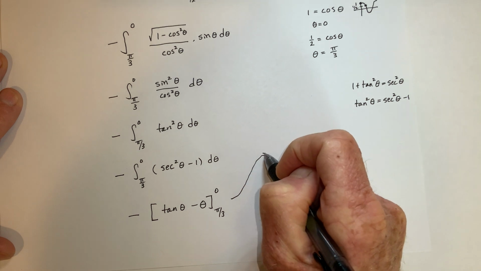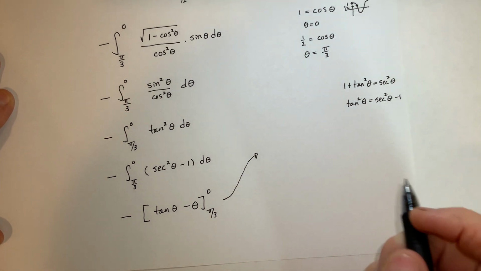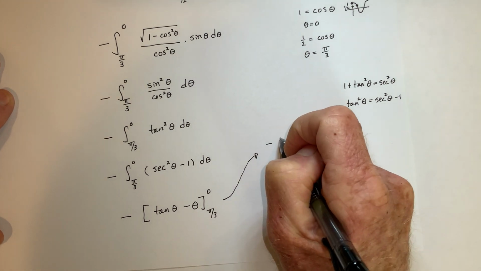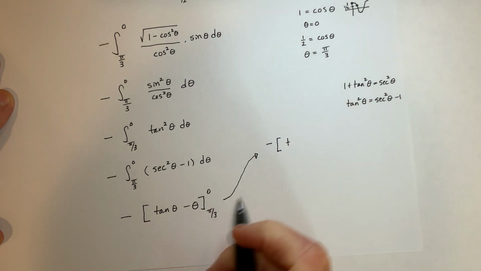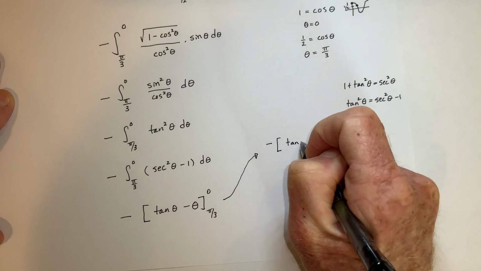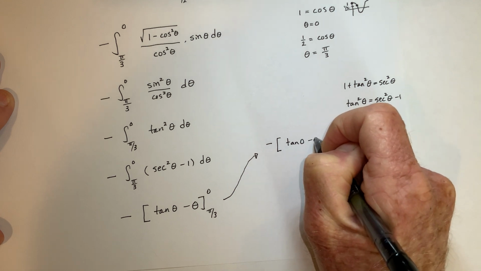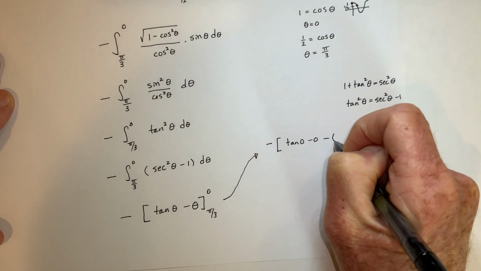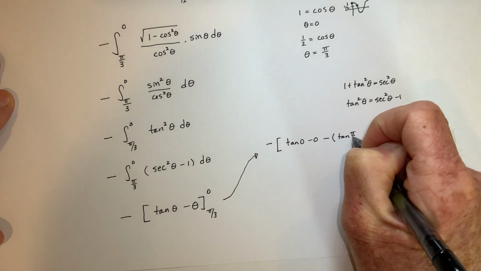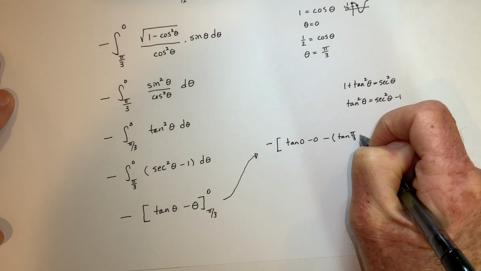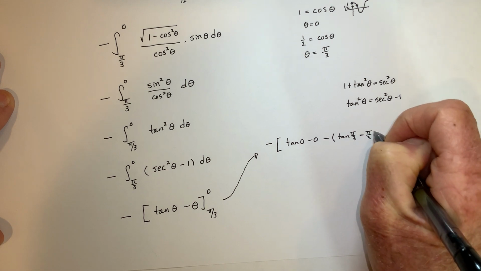So then I just need to finish that over here. So there's the negative sign, and then, substitute the top number first. So tangent of 0 minus 0, minus parentheses, tangent of pi over 3 minus pi over 3.